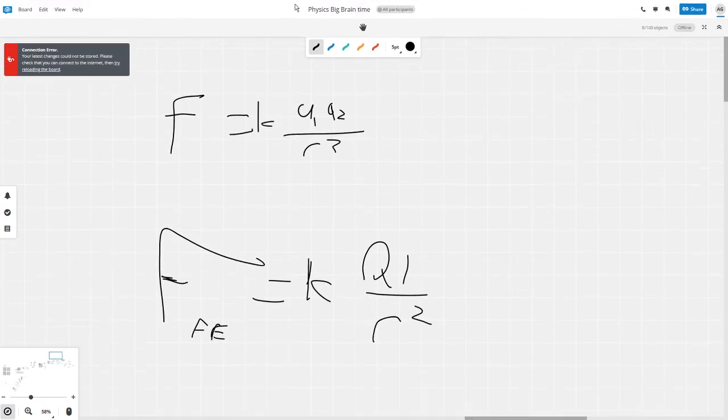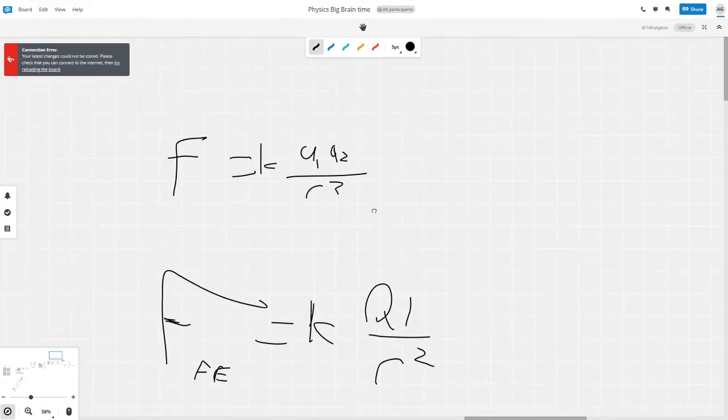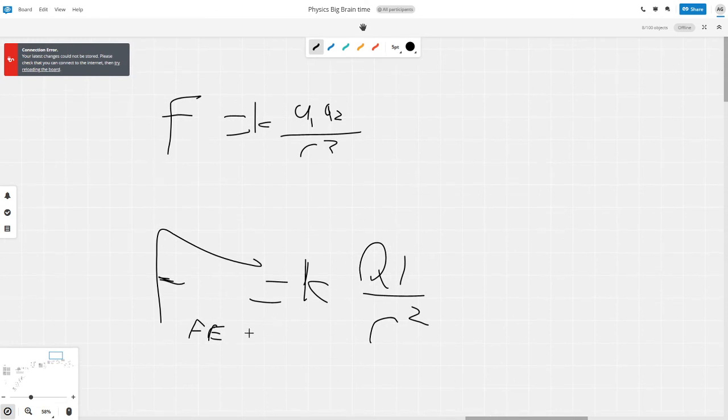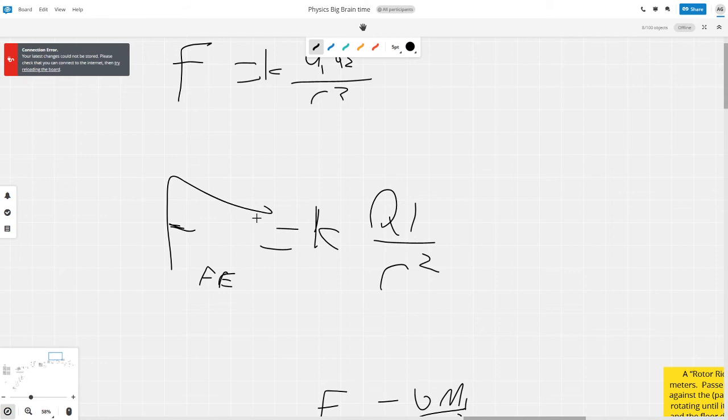This is the force of an electric field. It's basically equal to this force over Q2. That's a good way to picture it. Ignore this, but it's F over Q2.